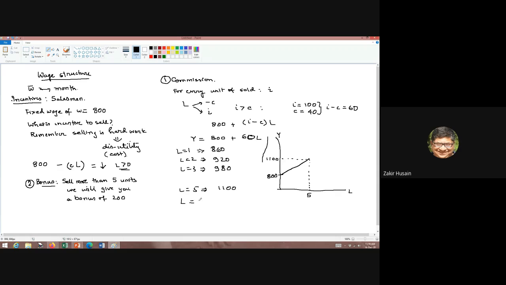Just look at this. L is equal to 6. This is the fixed income. This is the commission, and he gets a bonus of 200, right? In case of 7, 800.